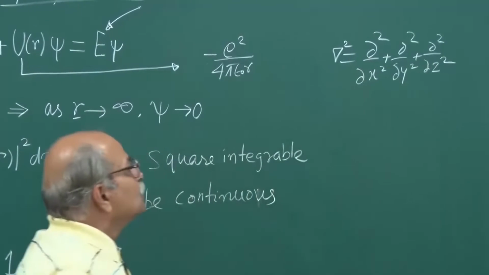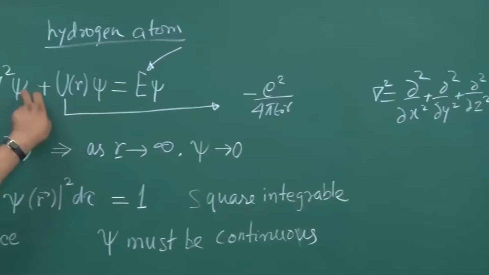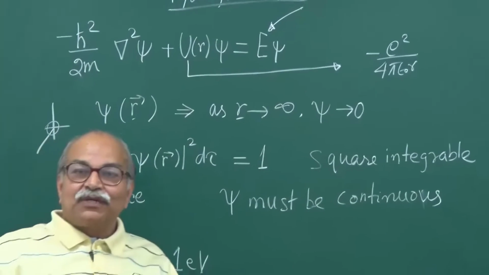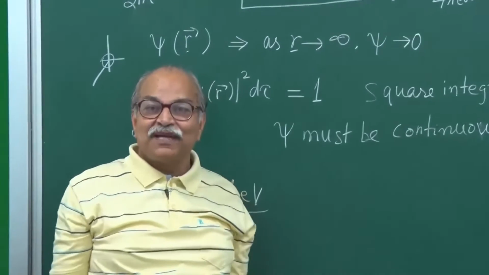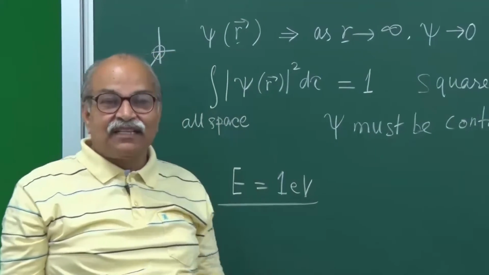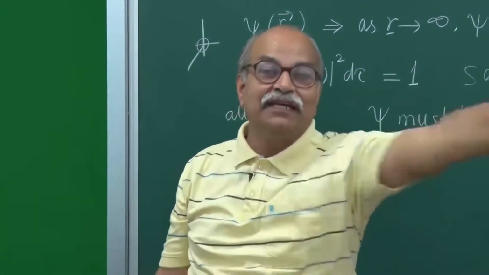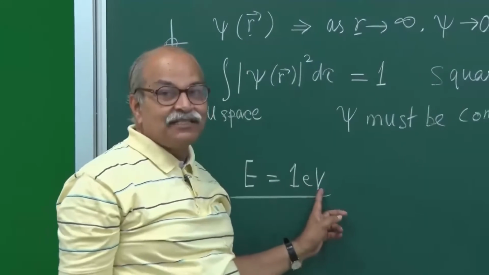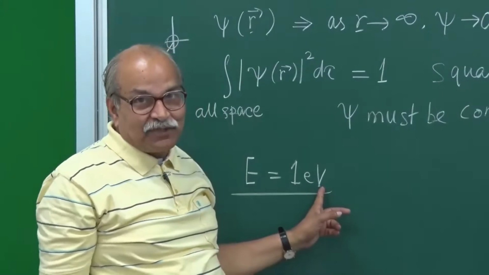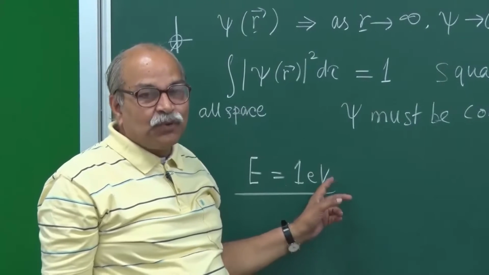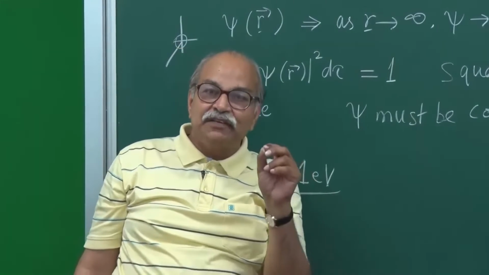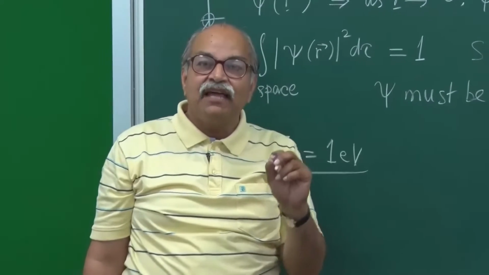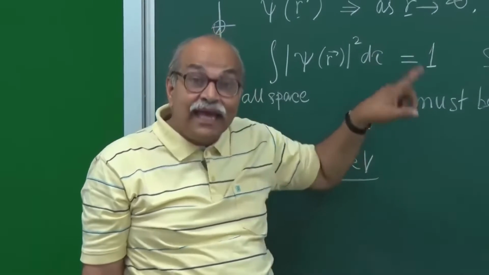If I do all those operations on this psi, what functional forms of psi can I have? The answer is that you cannot have any psi if this E is 1 electron volt or 2 electron volt or 1.5 electron volt. Only for some specific values of E can you find psi.